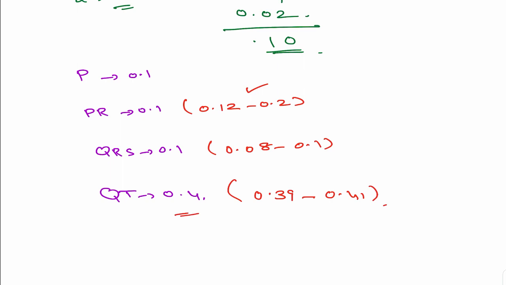So if you know this much, this is the period of the various wave segments. For the P wave they are not giving any range, just 0.1. Otherwise the others have ranges like 0.1 to 0.2. Okay, so hopefully you have understood this much. Next is about the bipolar limb leads, unipolar limb leads, chest leads.